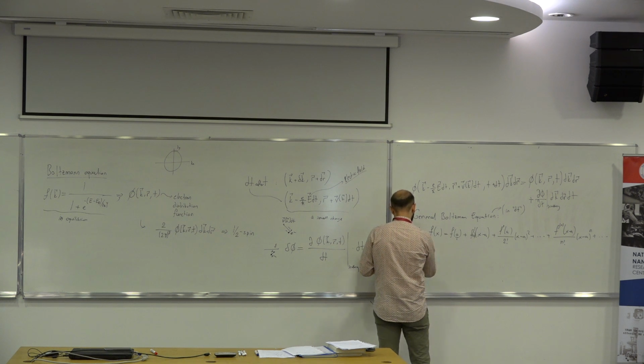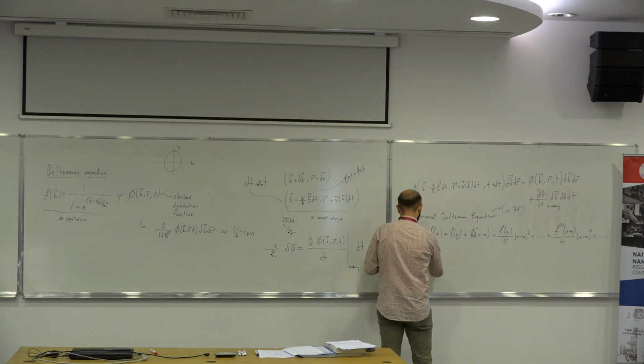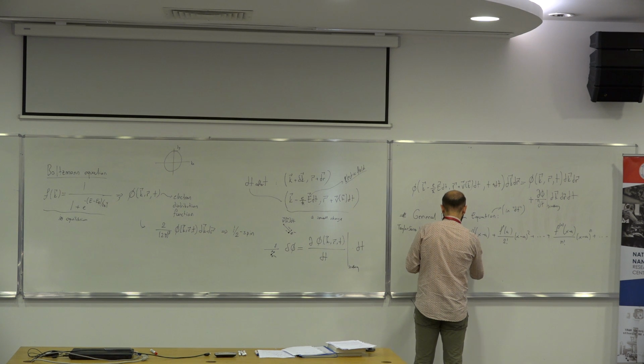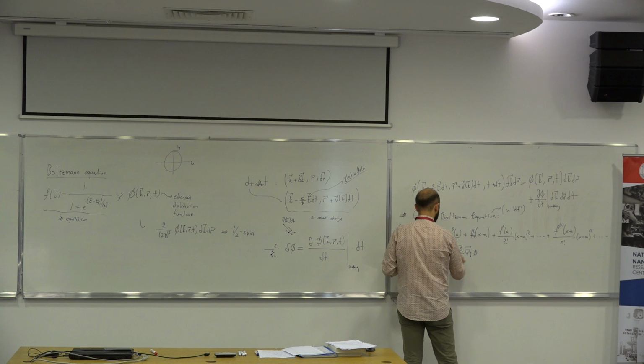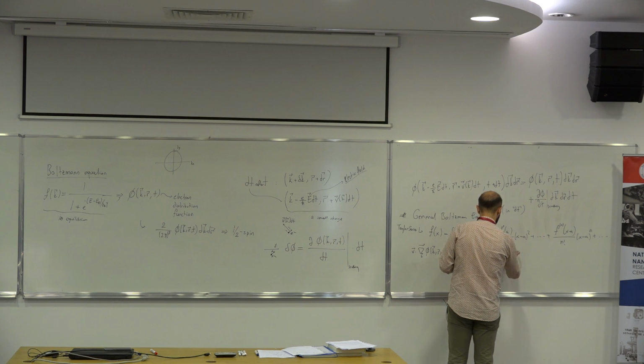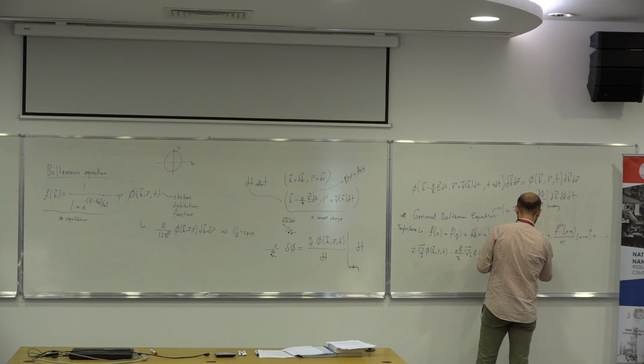So I have v dot del_r f(k, r, t) minus e over h bar E dot, of course, for k, I think I forgot a k here, del_k f(k, r, t) plus del f over del t equals del f over del t scattering.